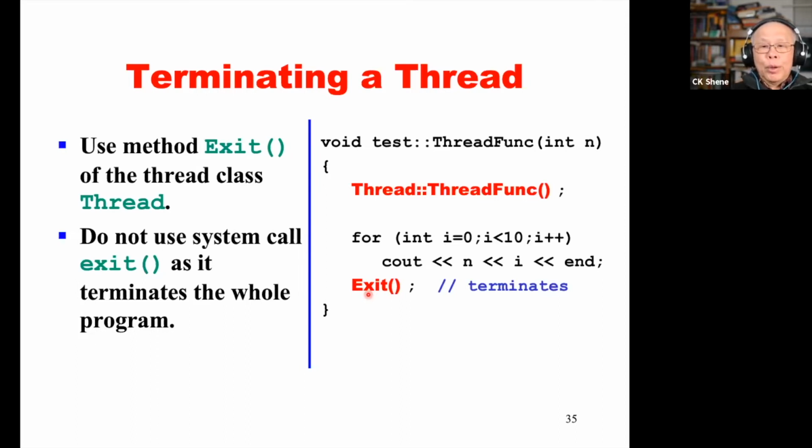Then, when you call the uppercase Exit, this Exit simply informs the visualization that the thread is about to exit. This thread will no longer send you any further message, so you could ignore it.